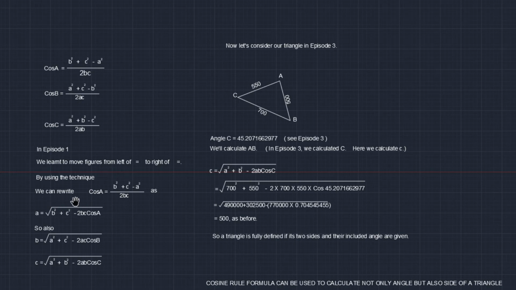We can rewrite cos A is equal to (B squared plus C squared minus A squared) by 2BC as A is equal to square root of B squared plus C squared minus 2BC cos A. Here 2BC goes this side and becomes 2BC cos A.